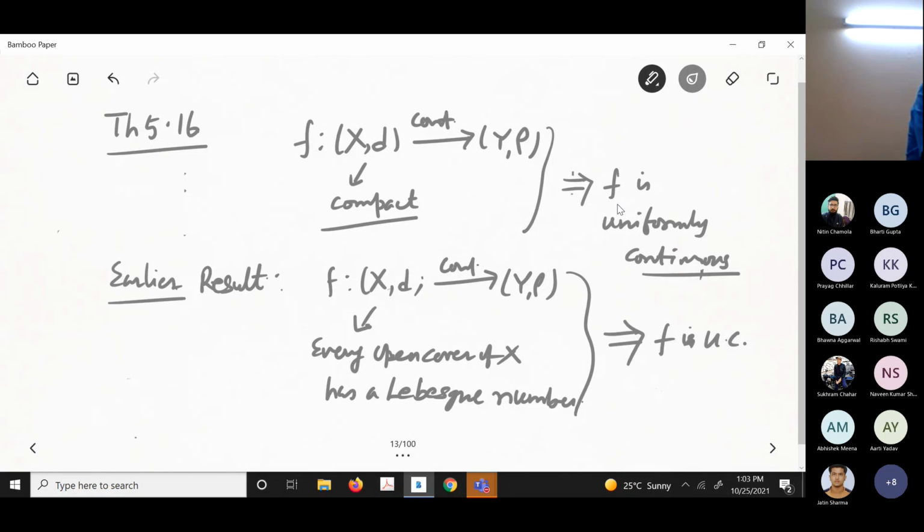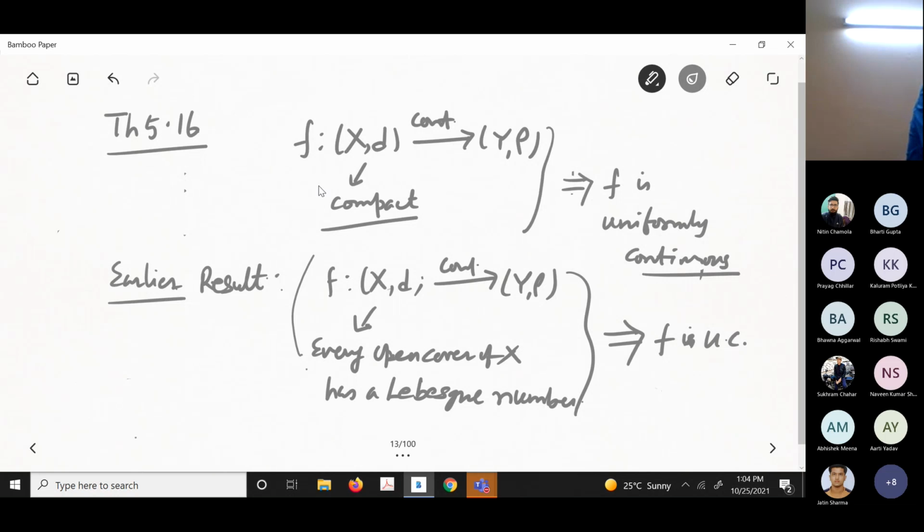So this will follow from this result and theorem 5.15. But it's better to have a direct proof. A direct proof is much easier, because here you are using another result, that every open cover has a Lebesgue number. If you go for a direct proof, you don't need this, and the direct proof is simpler also.